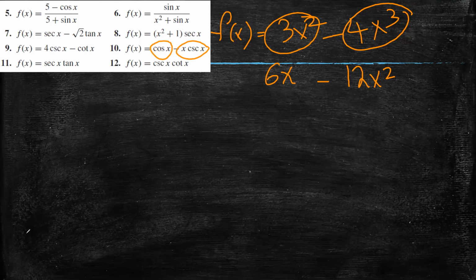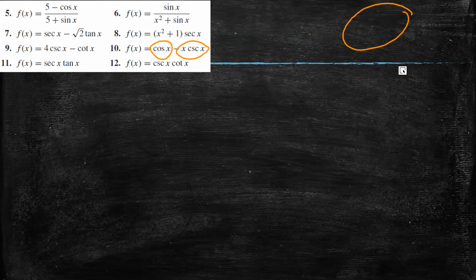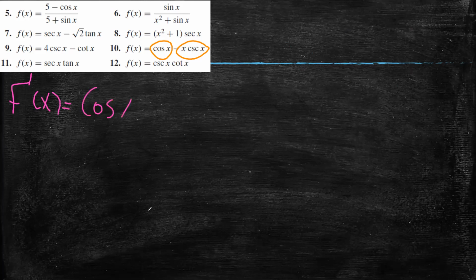So what I have to do now, we say then f prime of x is the derivation of the cosine, negative sine.